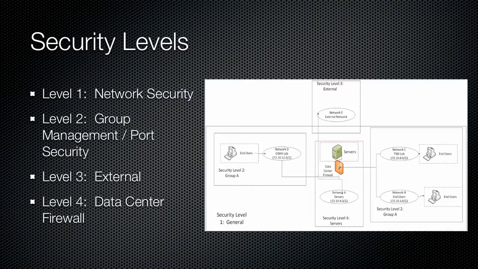Level 4 contains all the layers of the previous levels, as well as the implementation of that data center firewall. The data center firewall exists as a bridge between the main backbone and the servers. Any traffic that goes to and from the servers must go through the data center firewall, and we'll see that a little bit more later.